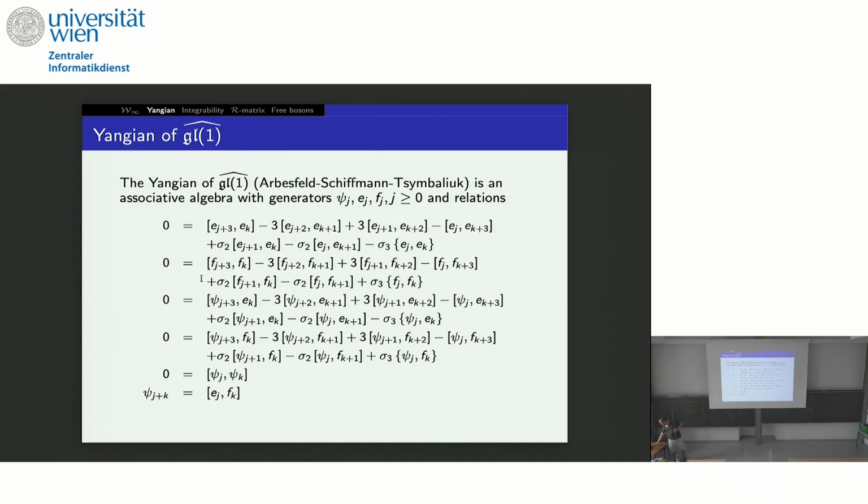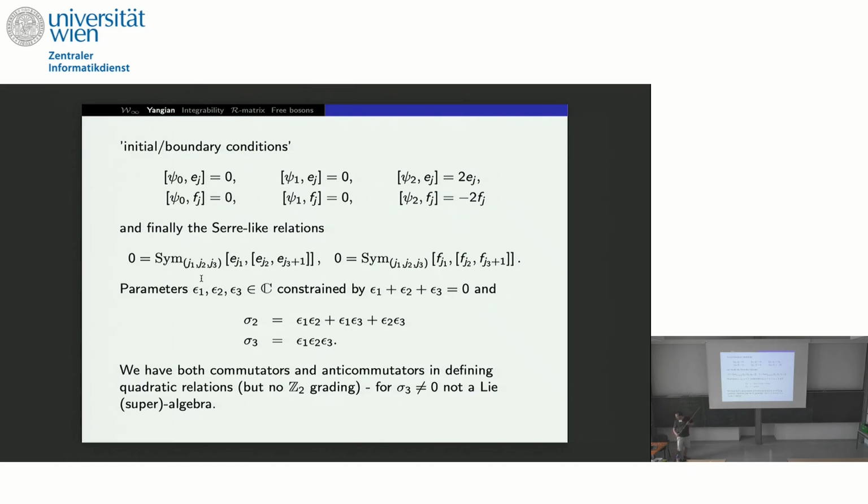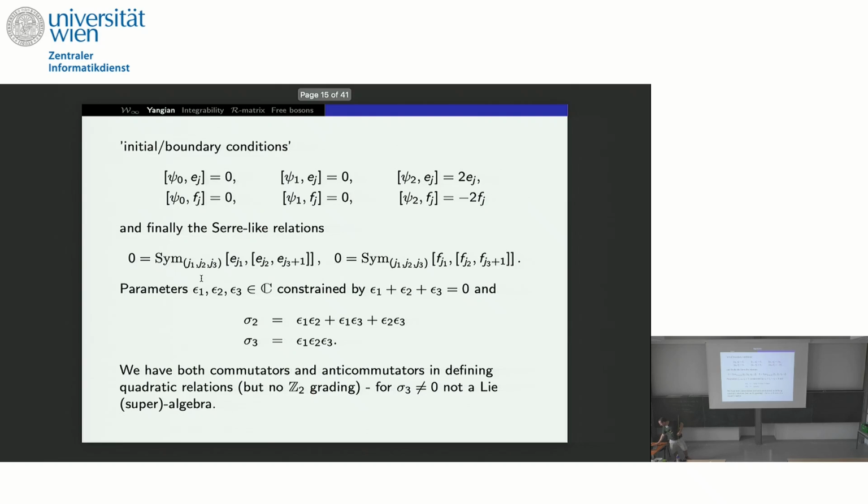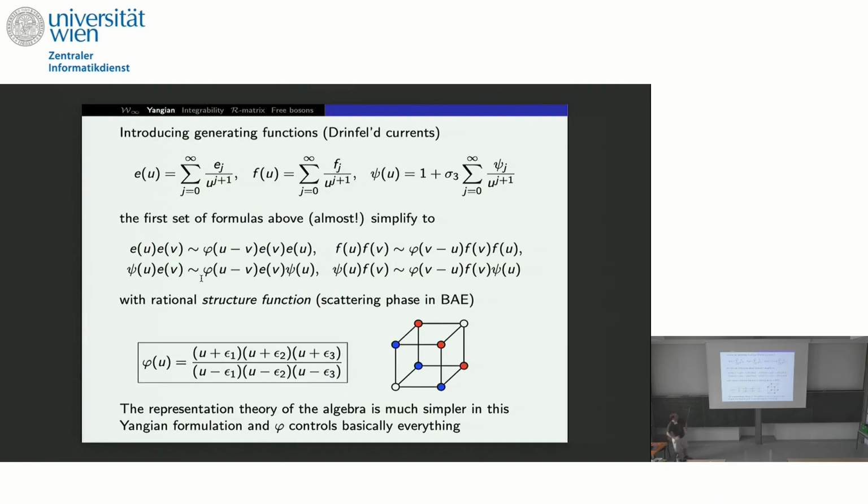You should not think of this as being a Lie algebra or Lie superalgebra, because there are both commutators and anti-commutators involved, but there is no grading that would tell you whether there is a commutator or anti-commutator. Okay? It's just an associative algebra given by generators and relations. You can simplify this by introducing generating functions for these 3 sets of generators.